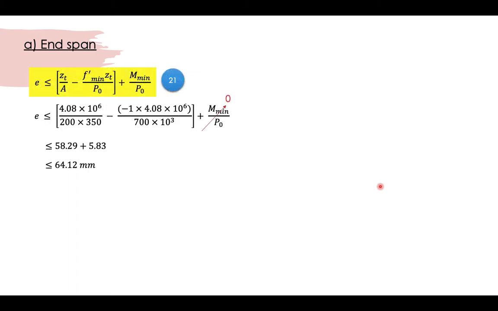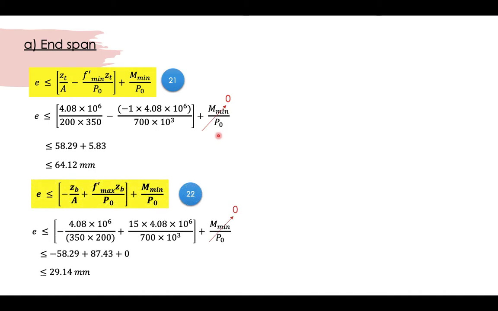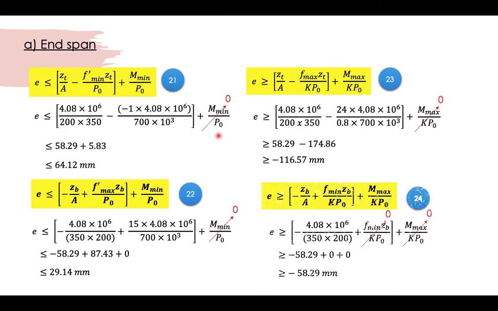So for the end span, we are going to substitute the values into the equations. We can see here that since at the end span the value of moment is equal to 0, therefore in the equation here we are going to substitute, and the value here will be cancelled out. Then we have equations 21, 22, 23 and also 24.